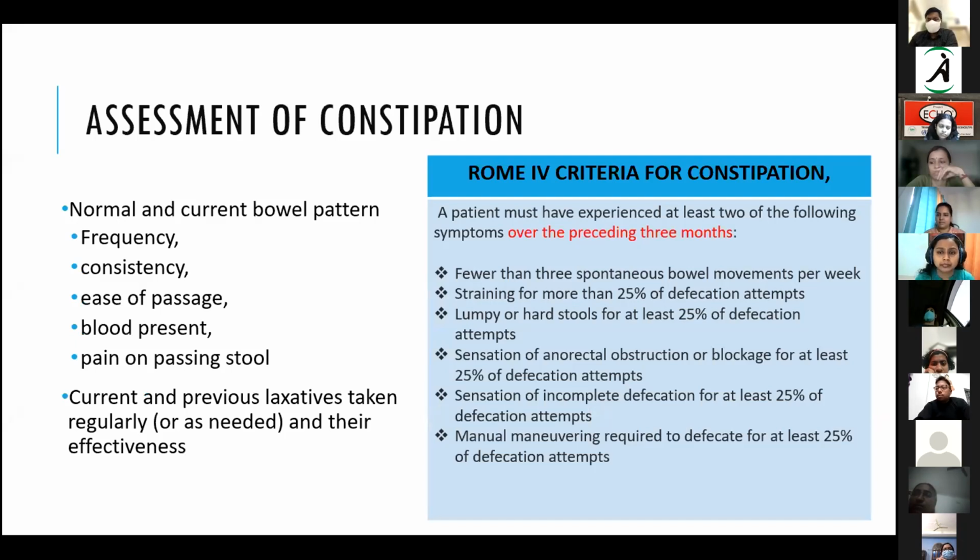Fewer than 3 spontaneous bowel movements in a week, and in more than 25% of defecations, the patient has straining, lumpy hard stools, sensation of anorectal obstruction, incomplete defecation, or has to manually maneuver to pass stool. Along with that, the frequency and consistency give you a better history, plus the current or previous laxatives taken as and when needed, and how effective they were in resolving the symptom for that patient.